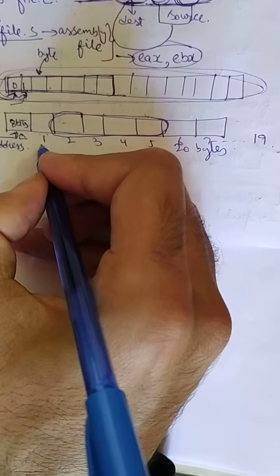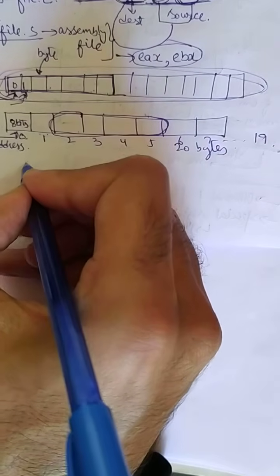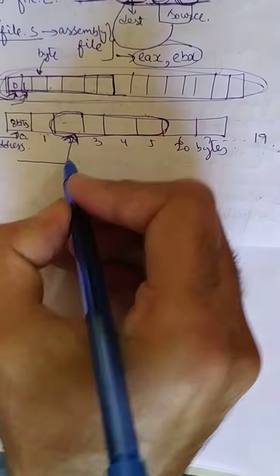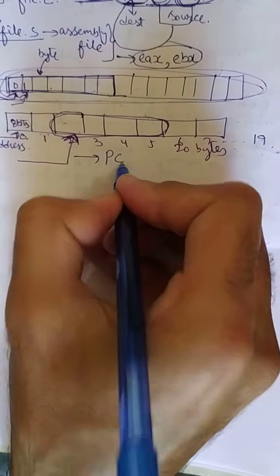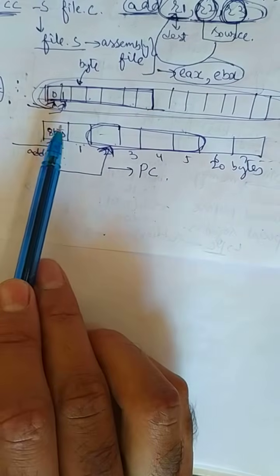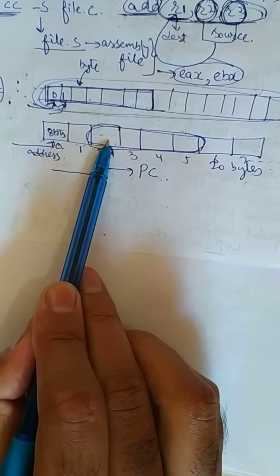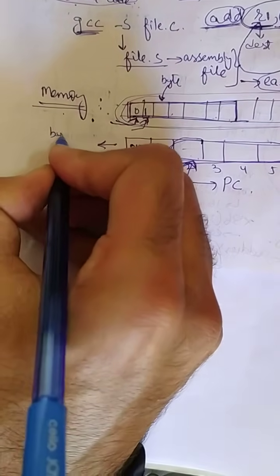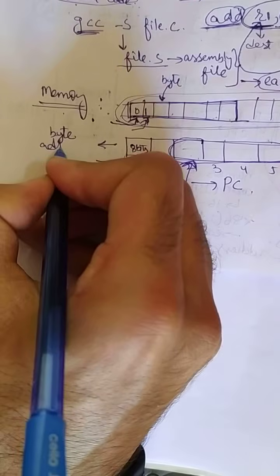And if I have to get the instructions from this program, I should know the address of that location. And that address is stored in the program counter. So what is our memory? Our memory is a sequence of bytes and each byte has an address. This type of memory where every byte has an address is called byte addressable memory.